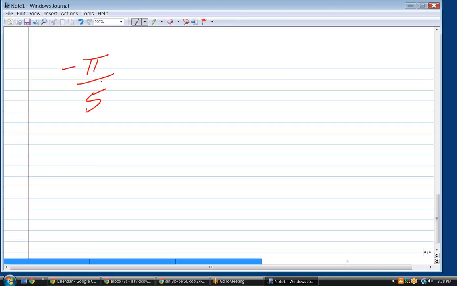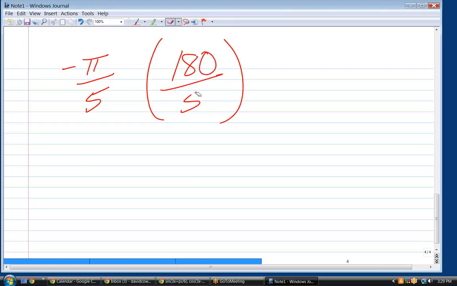What is the conversion factor? Pi over 180, or is it 180 over pi? This time it's 180 over pi. It's one or the other, depending on whether you're going from radians to degrees or from degrees to radians. The way to tell is this is radians, and I want to lose the radians.